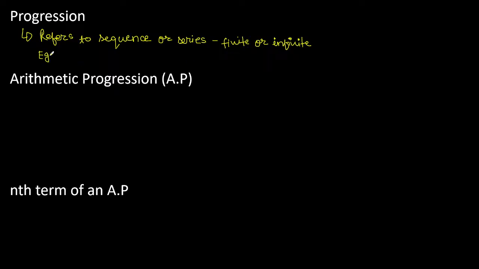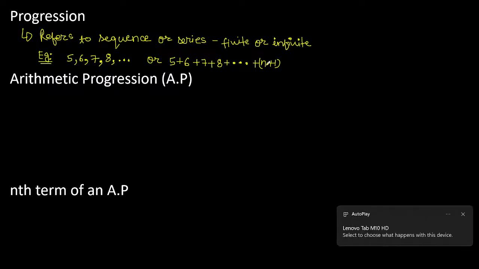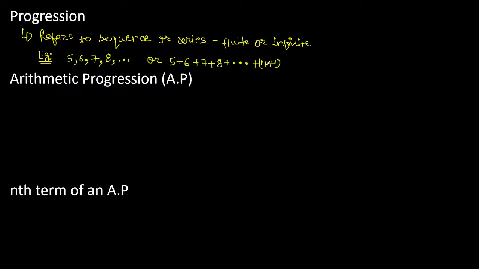So it may be the sequence 5, 6, 7, 8, dot dot dot, or you can say 5 plus 6 plus 7 plus 8, dot dot dot, n plus 1. Okay, this goes this way.